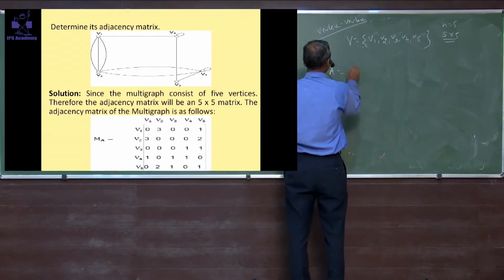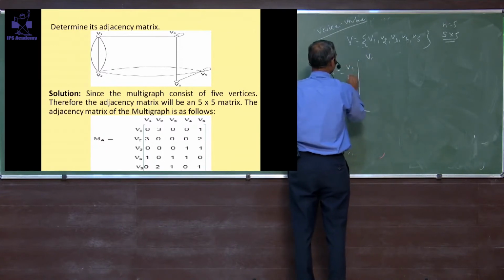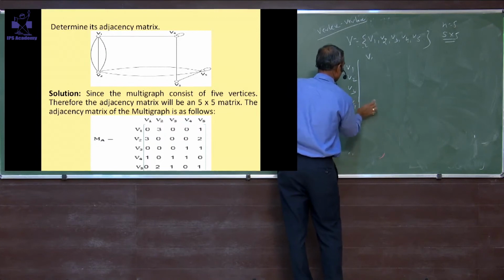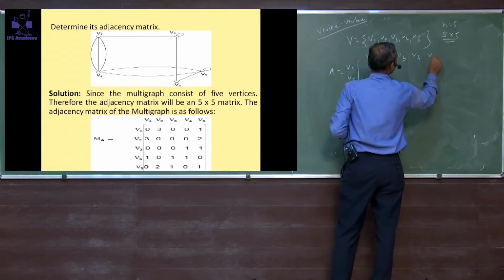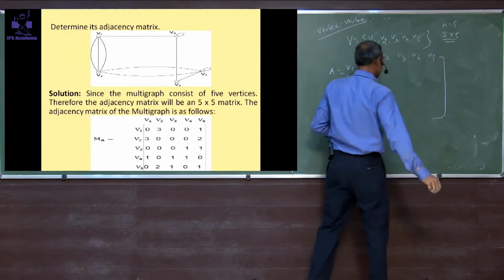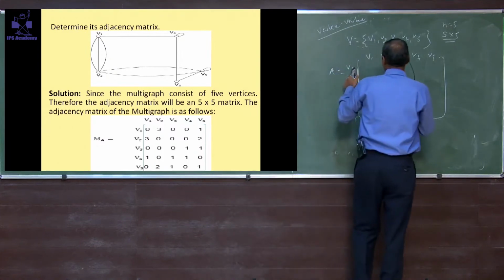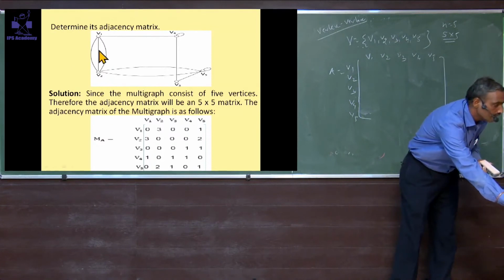So we define a matrix A, in rows V1, V2, V3, V4 and V5, and in columns V1, V2, V3, V4 and V5. It is also a symmetric matrix here. Now V1 to V1, just looking at the graph, this is V1.